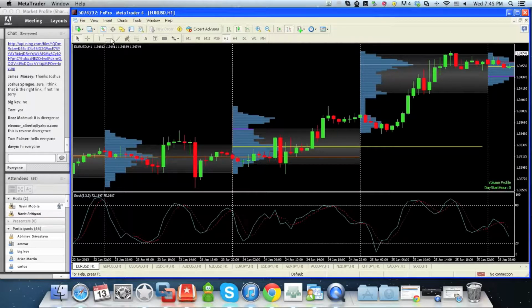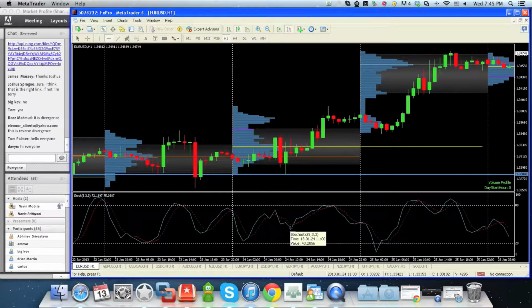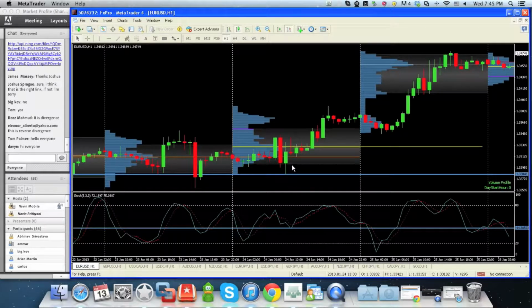Now, if I put my line right here on this low, and I do the same thing on my indicator, I put a line right here. The market goes up, then comes down, but it never breaches this line. In our indicator, the market goes up, comes down, and goes way beyond. It breaches this line that we had drawn tremendously.